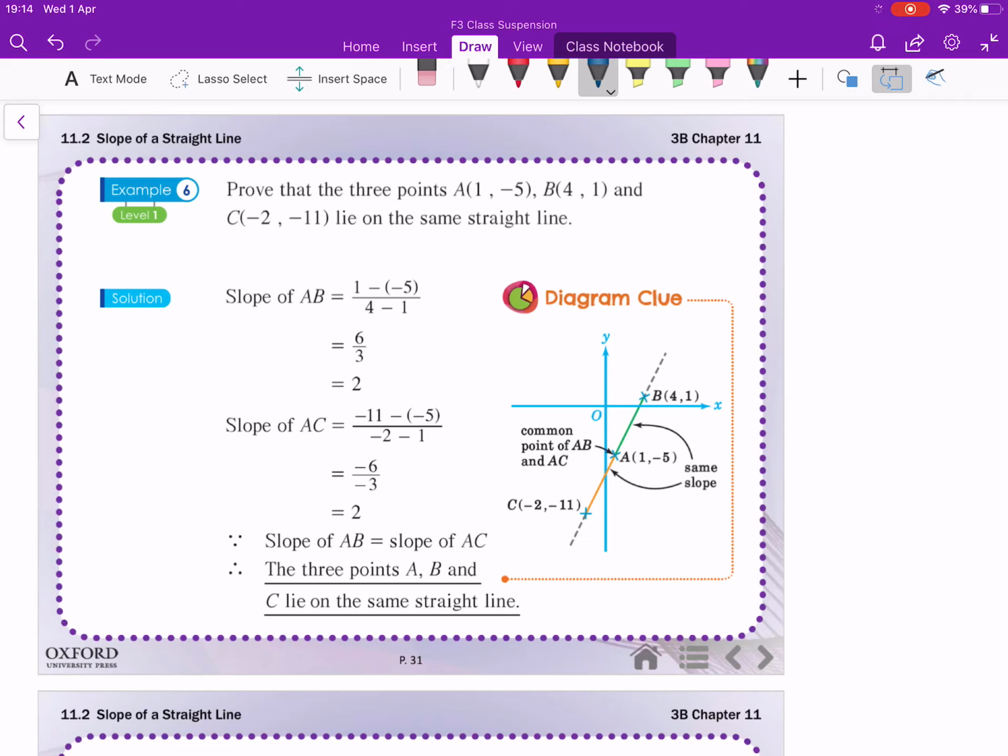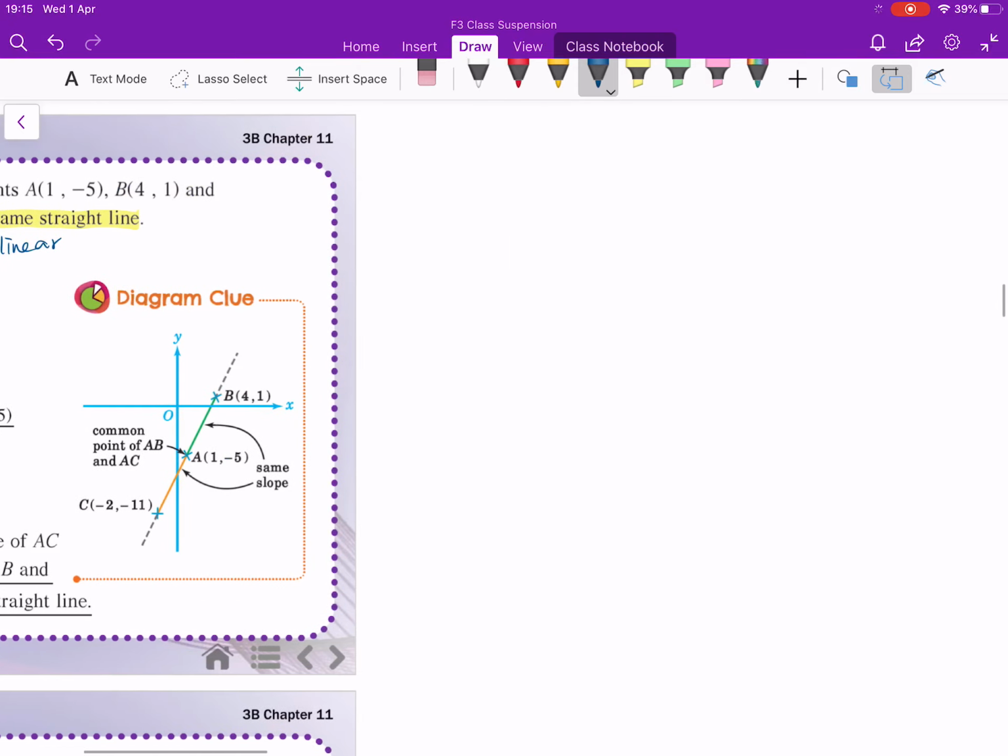Prove that these 3 points lie on the same straight line. For the same concept, lying on the same straight line, sometimes we'll use the word collinear to represent it. Collinear. If we say that some points are collinear, it means they lie on the same straight line, because you know that for any 2 points, you can always use a straight line to pass through them at the same time.